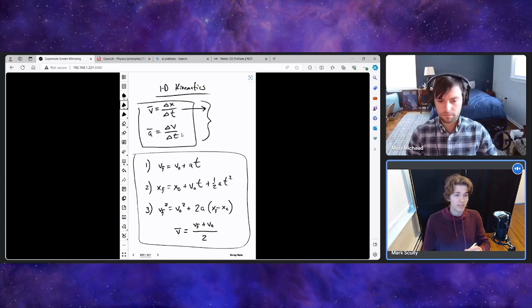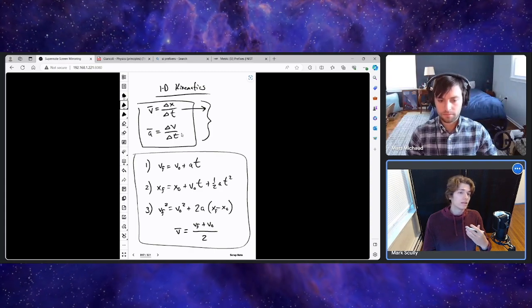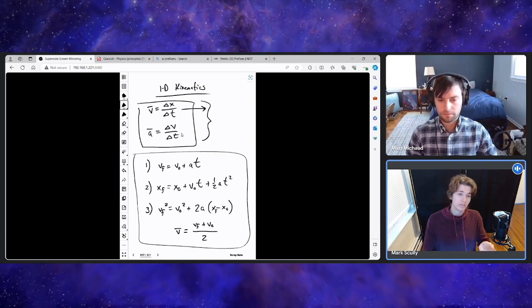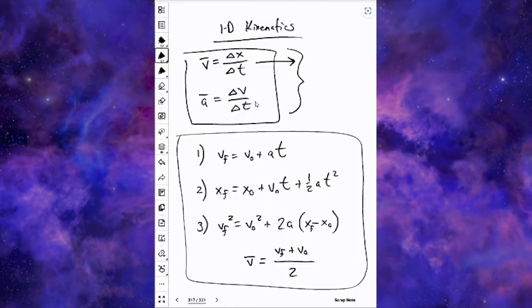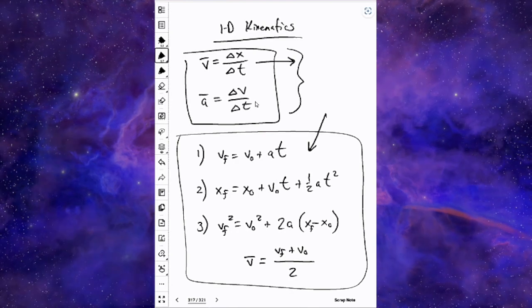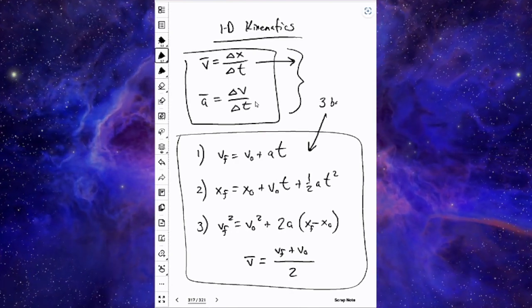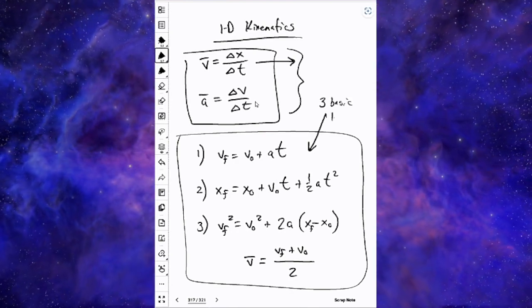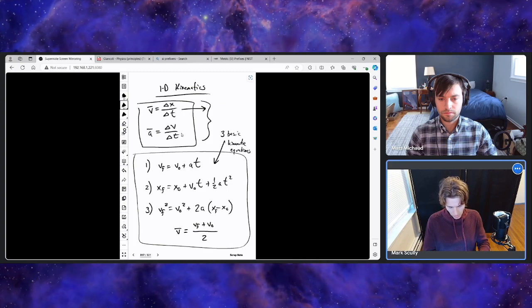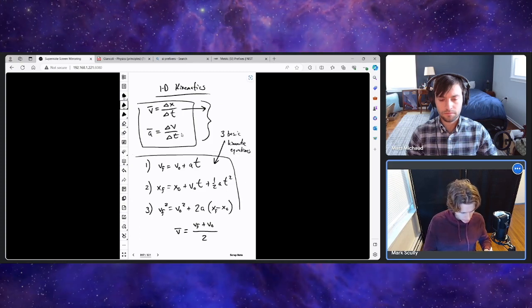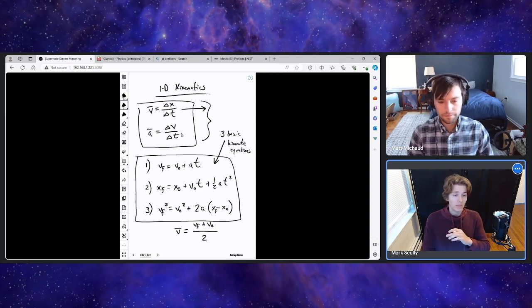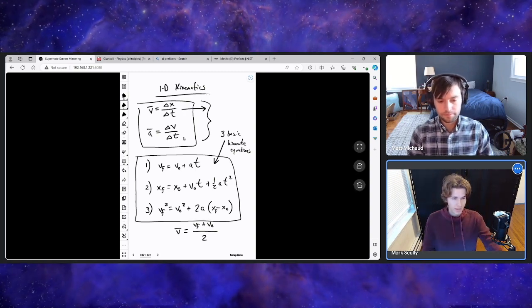A lot of physics teachers will give 10 or 20 equations based off the situation. If you know how to read the situation and plug it in using our 3 basic kinematic equations, let me be very specific about which are the 3 basic kinematic equations, then you can solve any problem in kinematics.